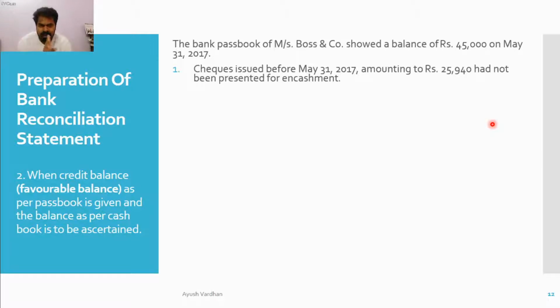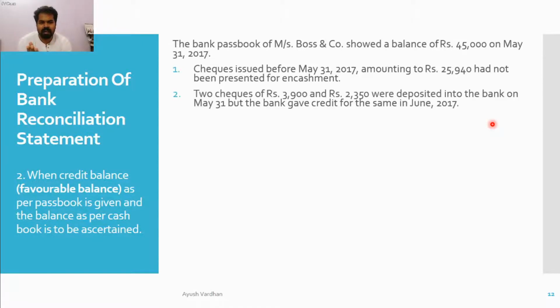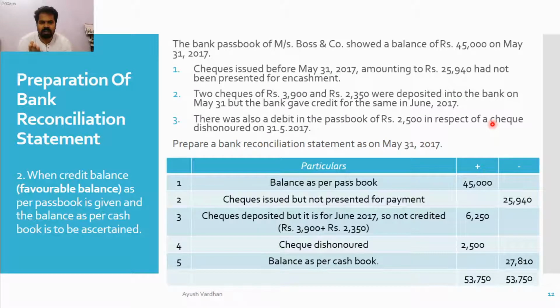So we have a deadline here again, that is 31st May, and the passbook is showing the bank passbook of M/s Bose and Co, that is 45,000. So we have given an entry of 45,000. So this will come into the positive side, and along with that we will see these three entries more.